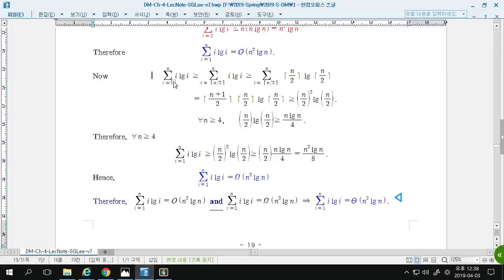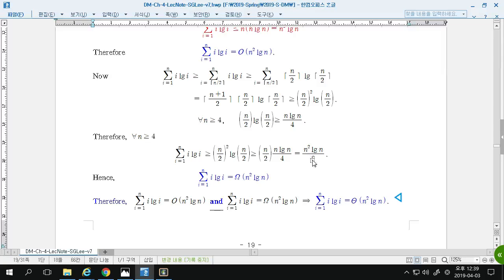And also, this can be written as the sum from i equal to the ceiling of n over 2, where each term is less than or equal to i log i. This left-hand side is always bigger than this, which can be written with inequalities. So the whole thing is bigger than or equal to n squared times log n over 8.